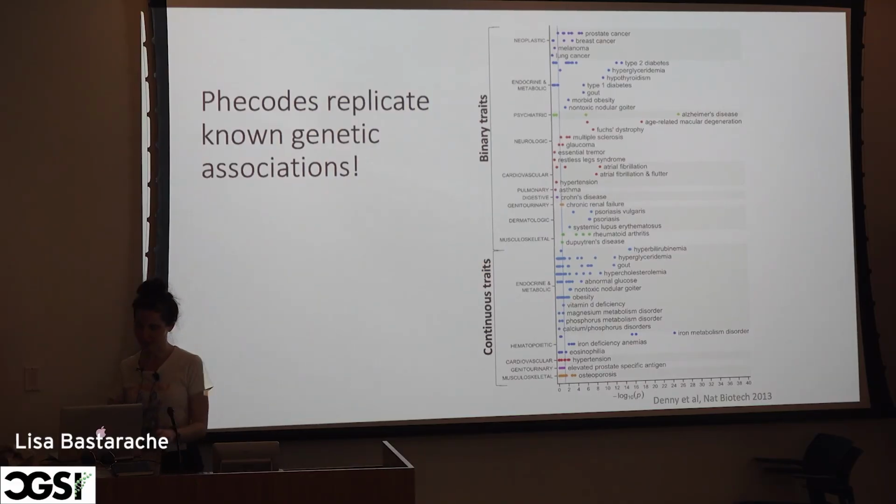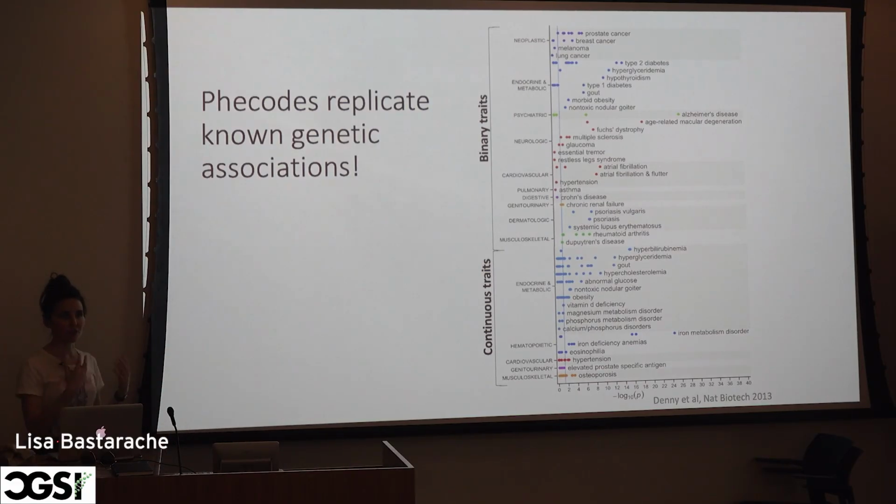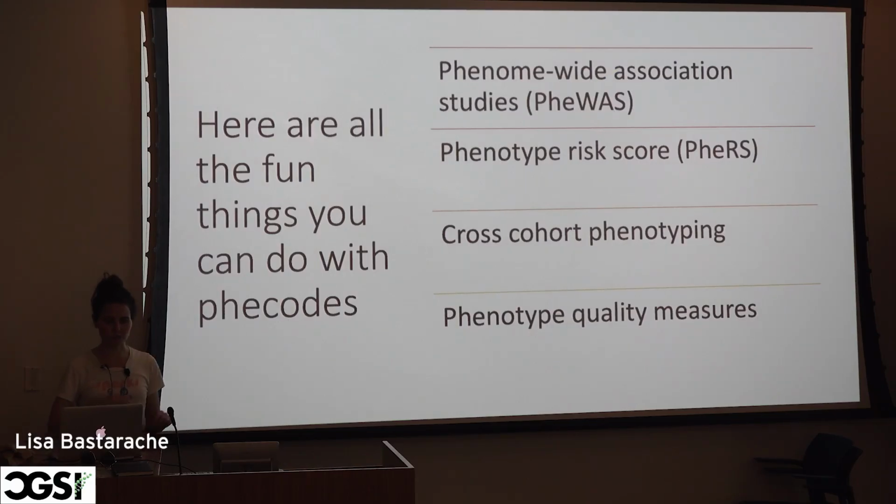It wasn't just one body system. So this really shows that Phecodes have the ability to robustly replicate these association studies, which indicates that they have really valuable information content, despite the fact that you have to acknowledge there's some noise. Okay, so what are some of the fun things that you can do with Phecodes?